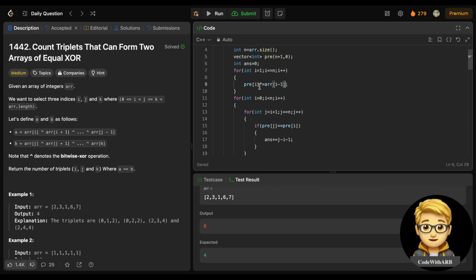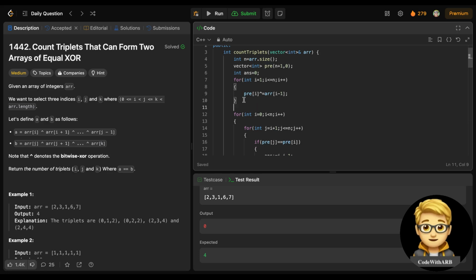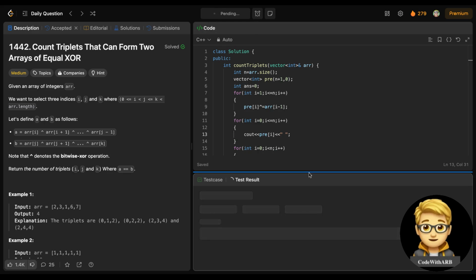If both are equal, then we will initialize the answer to j minus i minus 1. So what is this pre storing? For int i 0 to n, this will generate pre i, and this would be equal to this. So let's try to debug this, and let's try to run this.